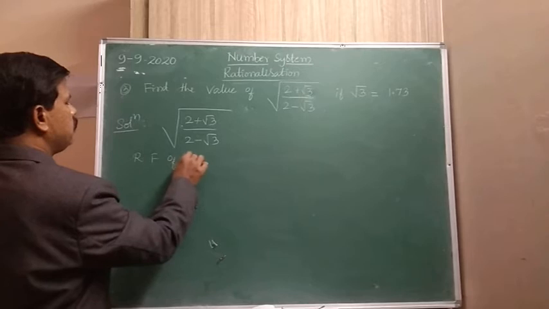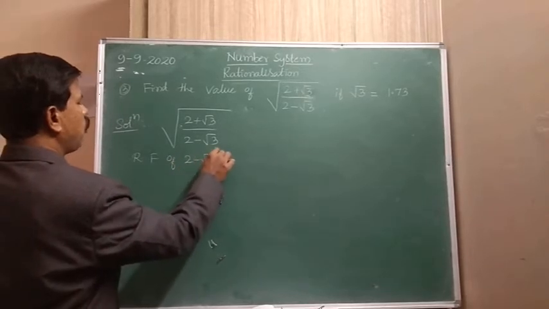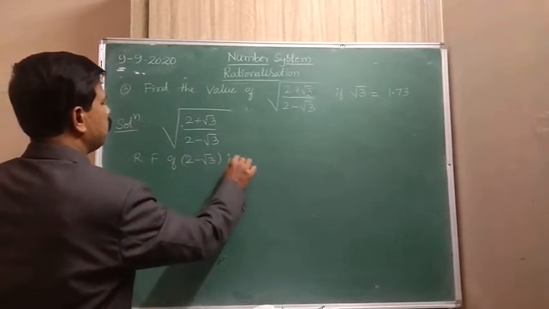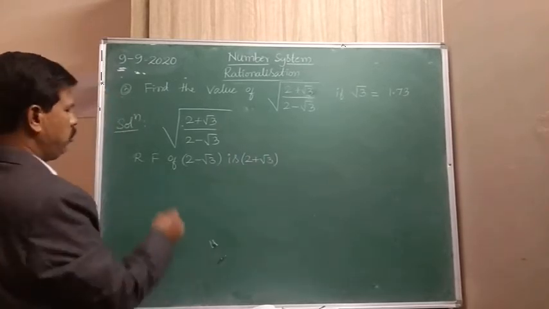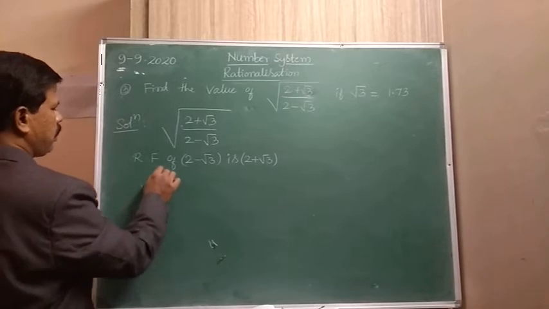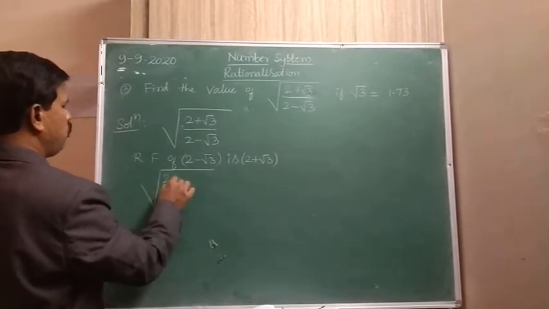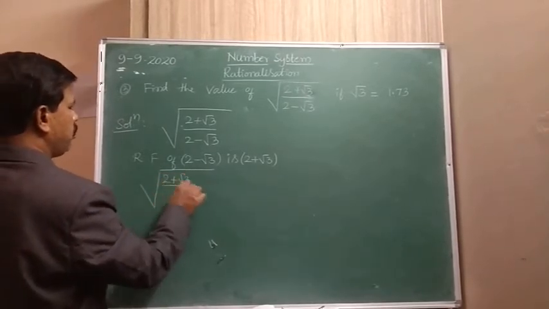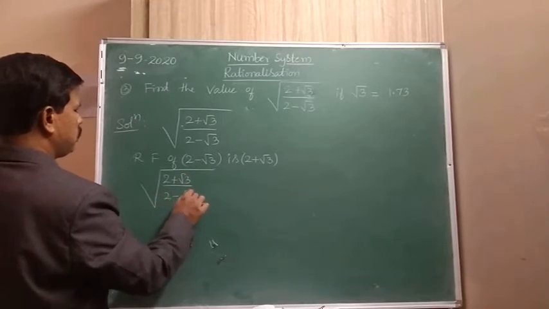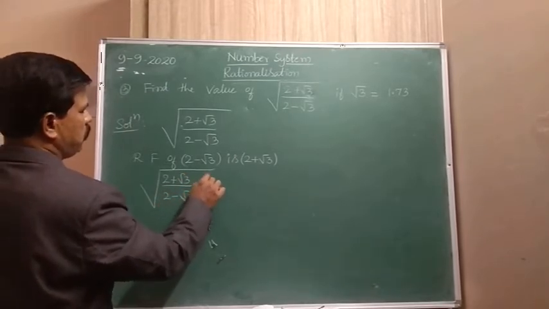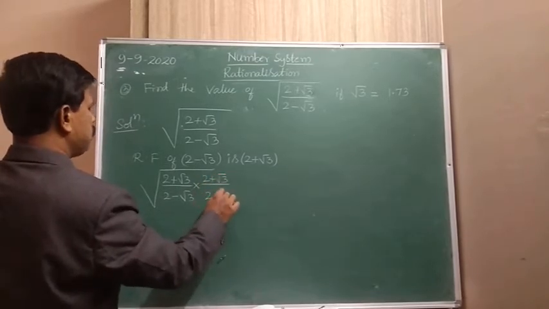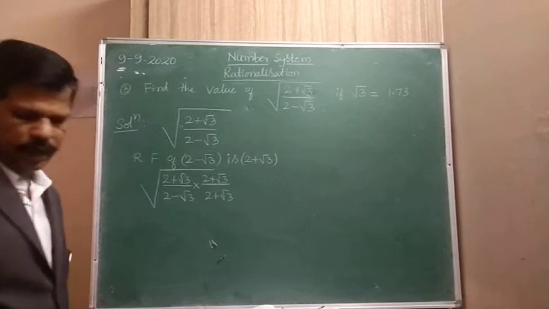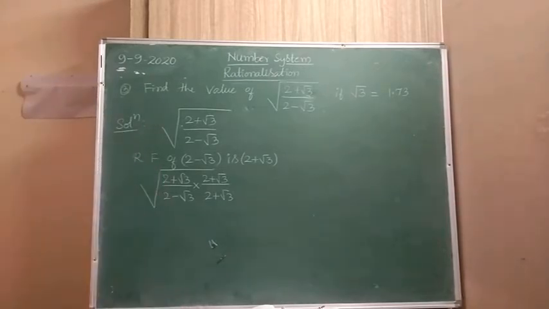The RF of 2 minus root 3 is 2 plus root 3. Now take the square root of 2 plus root 3 by 2 minus root 3 into 2 plus root 3 by 2 plus root 3. Now on rationalizing this, what are you going to get?